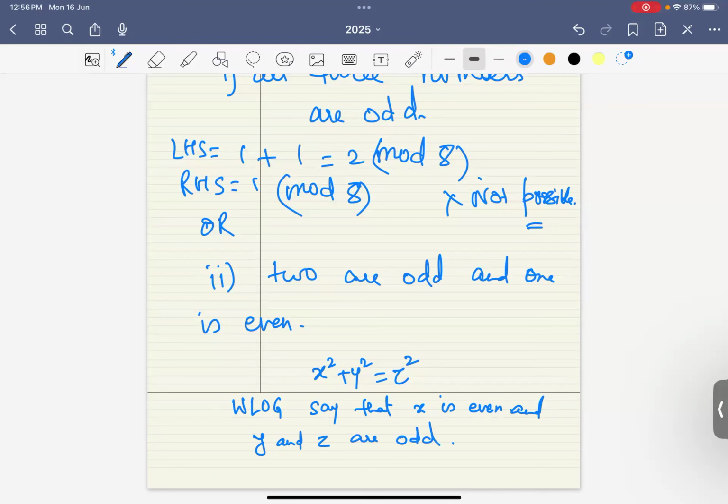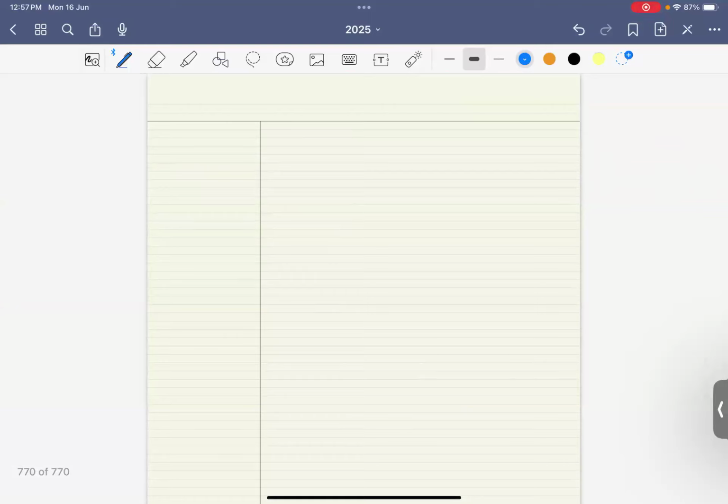So that leaves us to the following point, that x square is equal to z square minus y square, and x square will be equal to z minus y into z plus y.